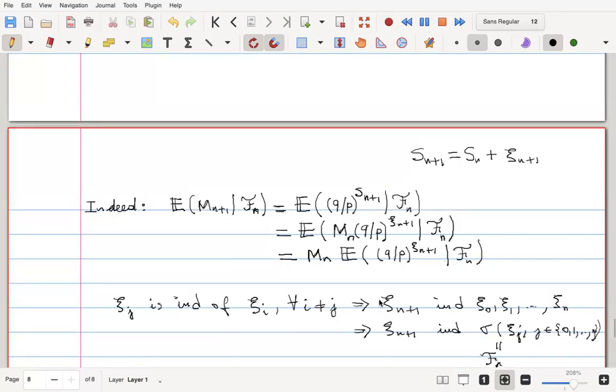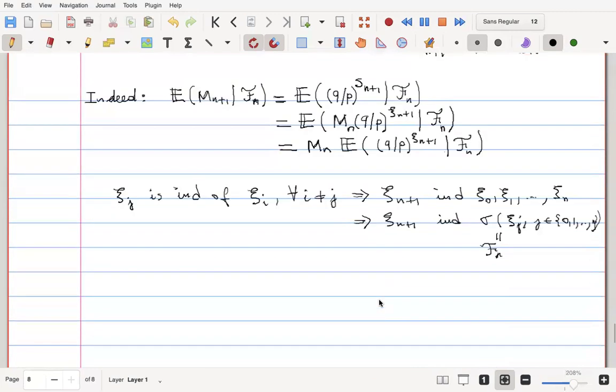Of course, what I've written here can also be written as this. So we can say that psi n plus 1 is independent of F n, which is the sigma algebra generated by psi j, where j runs from 0 to n.